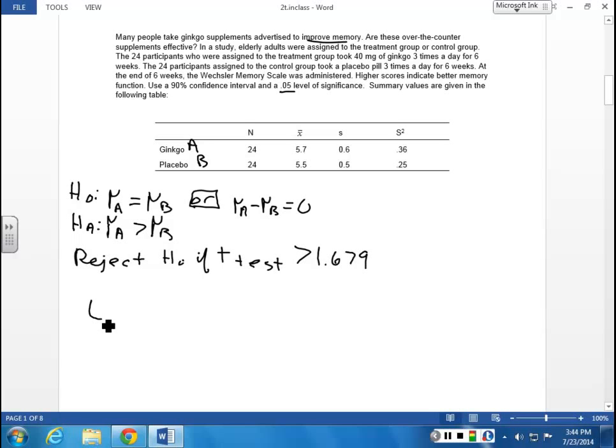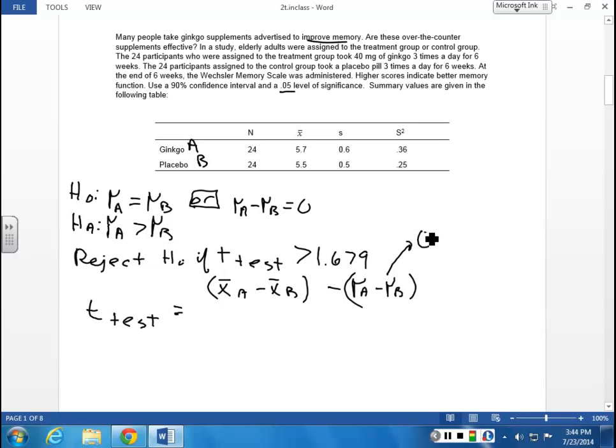And the t-test, if I say write the formula or show all your work, you will have the statistic minus the hypothesized parameter, which this part is always going to be 0, or at least for this class.